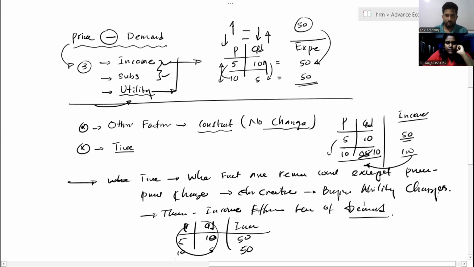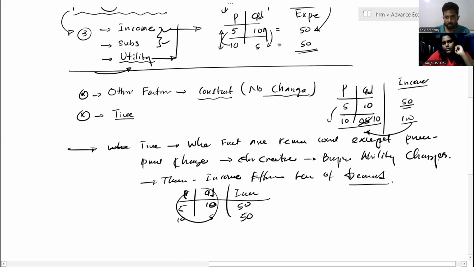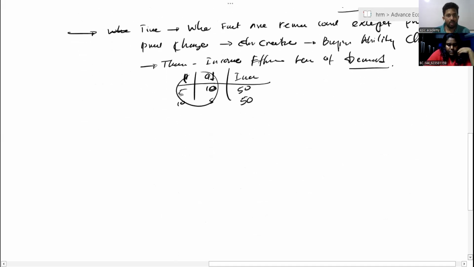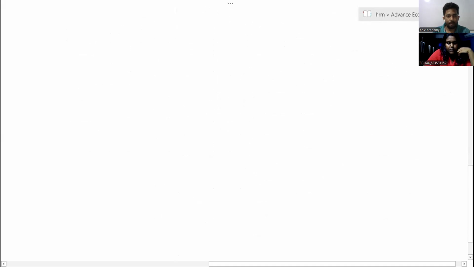Right. Now we can go to the substitute effect. Is there any problem with that one? No. Right. Now just discuss the substitutes. What do you mean by substitute? Because you are going to use many substitutes in your day-to-day life.